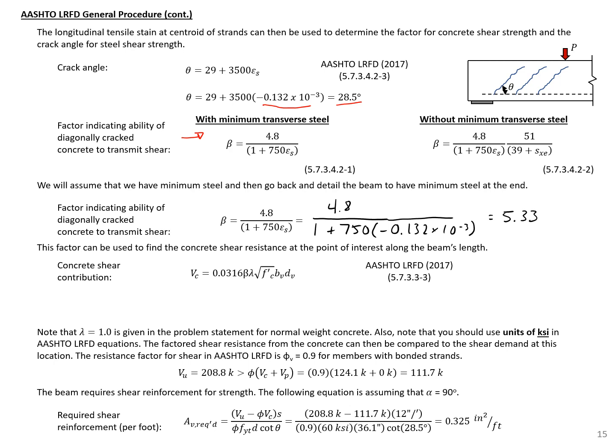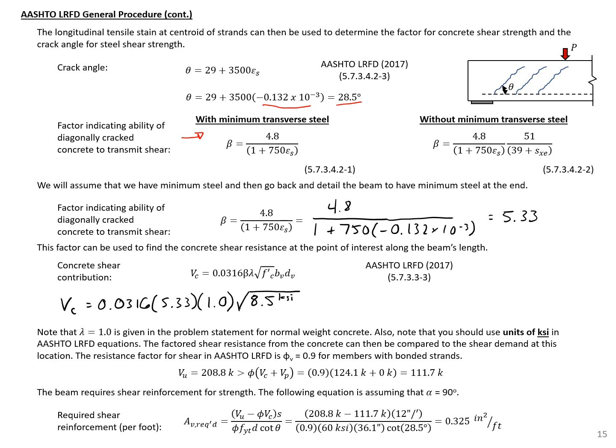We can plug that beta into our concrete shear contribution term then. So we'll get a Vc equal to 0.0316 times our beta, 5.33, times our lambda, we have normal weight concrete, so 1.0, times the square root of 8.5 ksi.